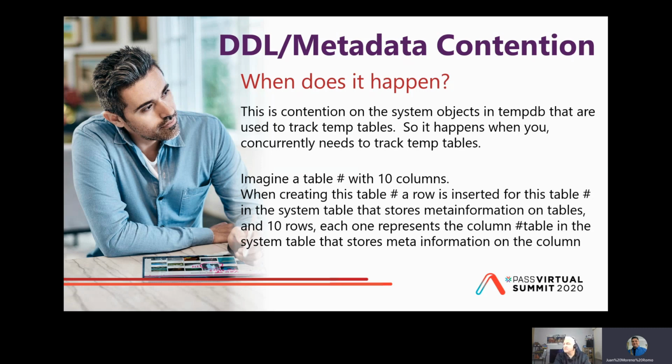So just to know how it works, imagine that we have a temporary table with just 10 columns. It's not a big structure for tempdb, just 10 columns. When we create this object, we create one record for the temporary table itself, for the object. And we need to insert this table in a system table that will store all the metadata for these kinds of tables.